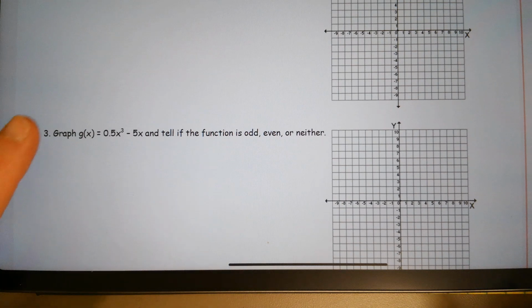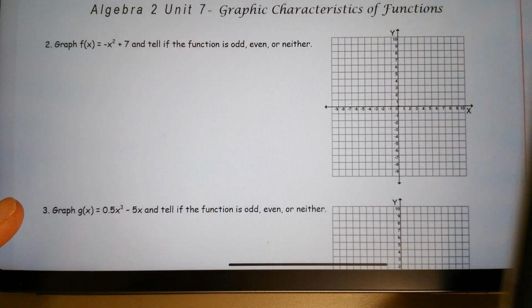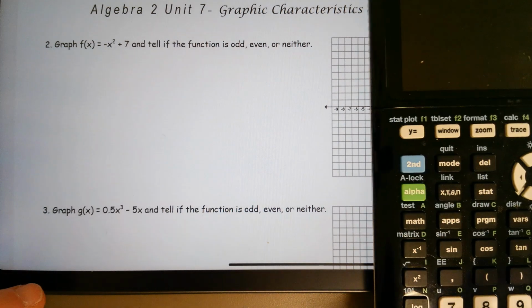Graph f of x equals negative x squared plus 7 and tell if the function is odd, even, or neither. Go to the calculator.